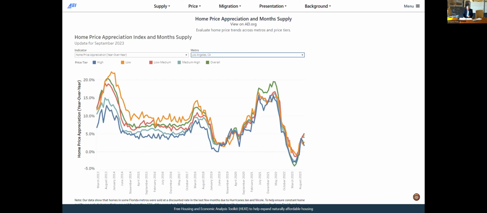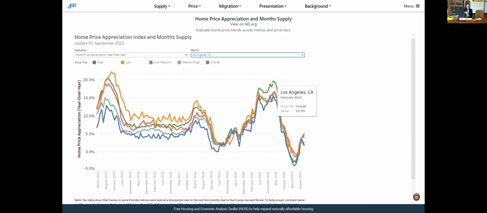And then we have the period that starts with the pandemic. You see the pandemic dip in March, April, May, and then we're off to the races. You see that green line gets up to nearly 20% for LA in late 2021, early 2022.